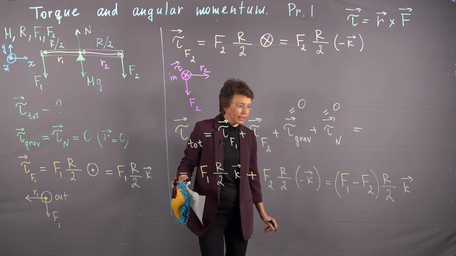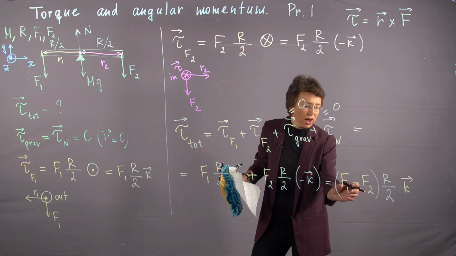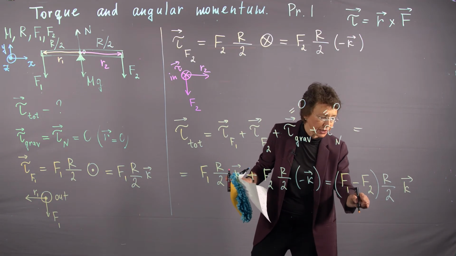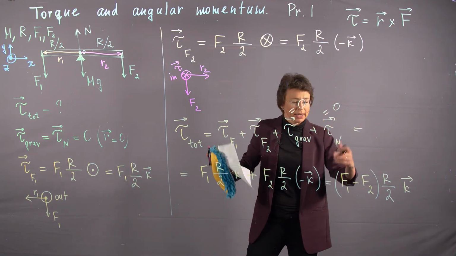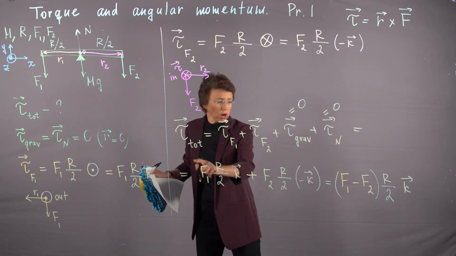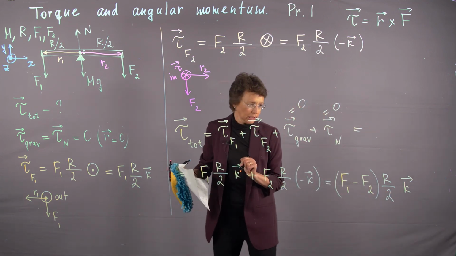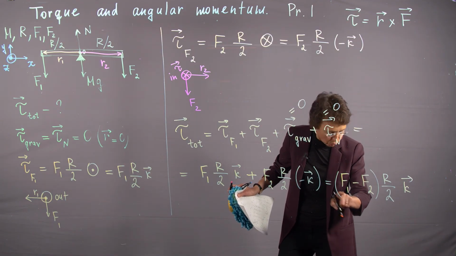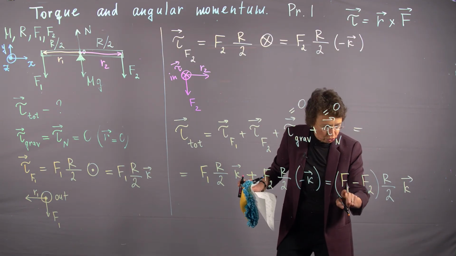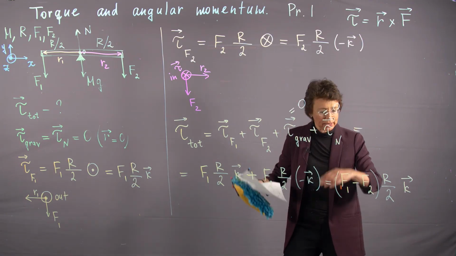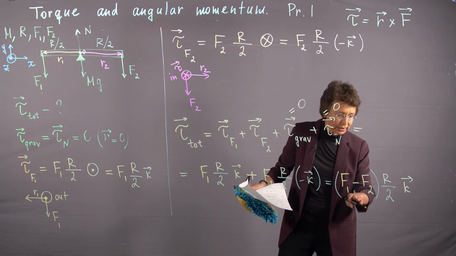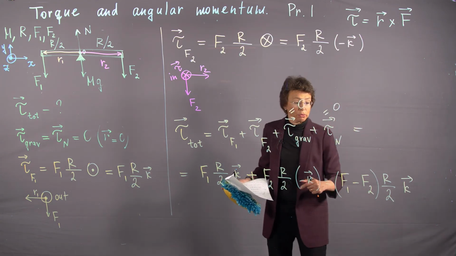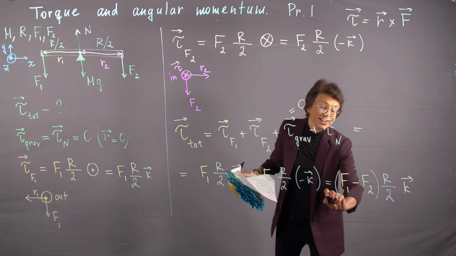Now, let's look at this answer again. For example, if F1 is 5 newtons and F2 is 3 newtons, 5 minus 3 is 2. I plug in R, and I get torque in the positive z direction. Now, what happens if F1 is 2 and F2 is 5? 2 minus 5 is minus 3, so I'll have minus 3 times R over 2 k, which means torque in the negative direction.